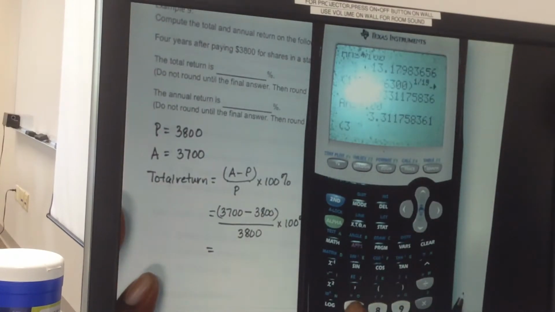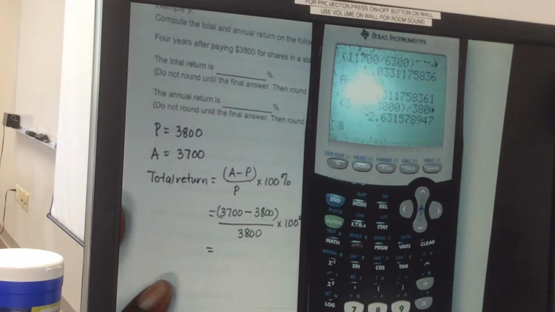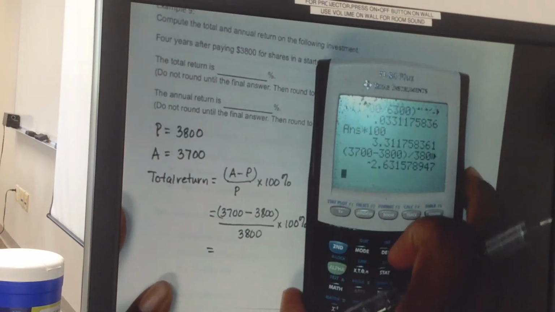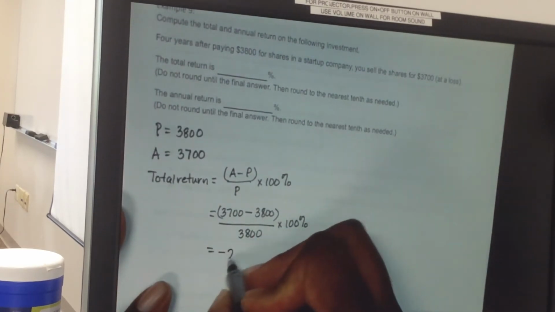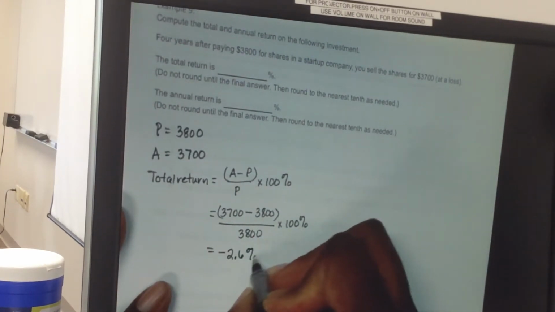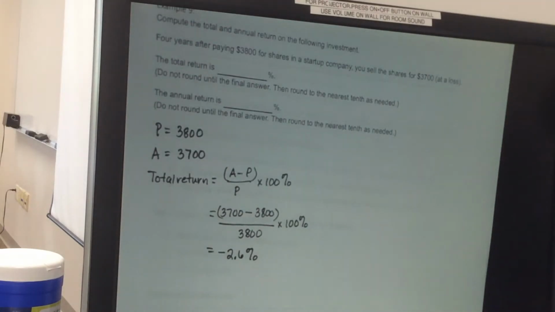Okay, 3,700 minus 3,800, close parentheses, divided by 3,800 times 100%. To one decimal place, this will be negative 2.6%. So that total return is going to be a loss of 2.6%.